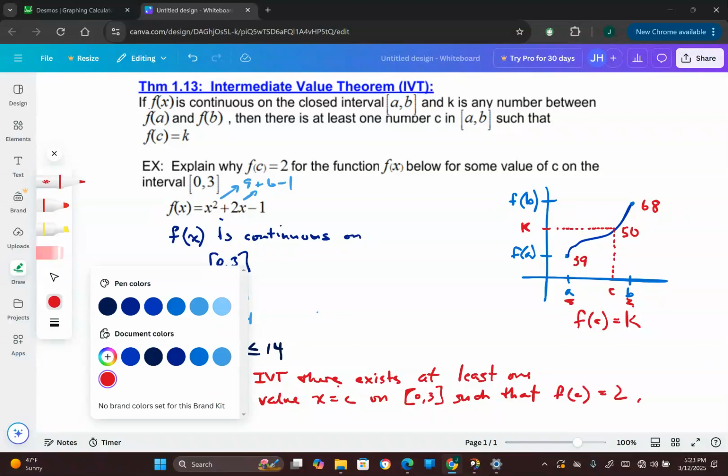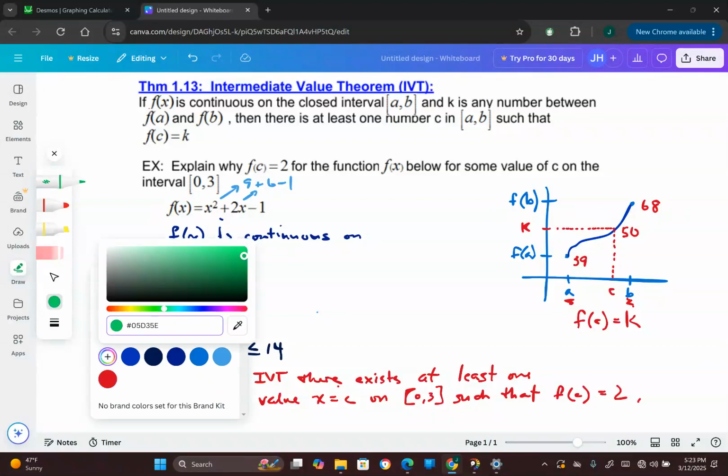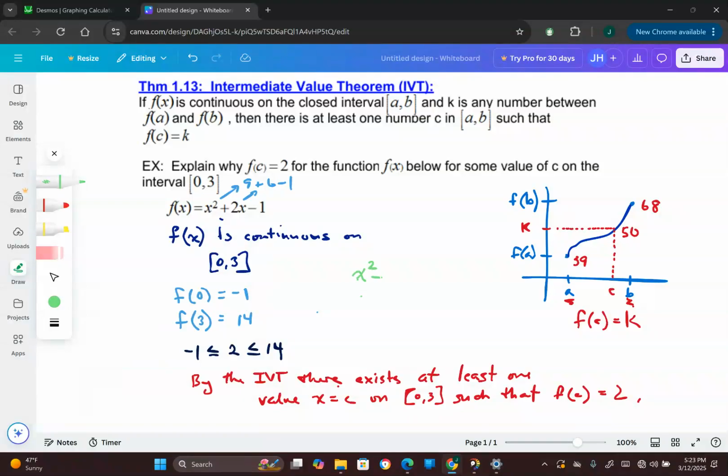If I wanted to take this function and I wanted to find the actual number, what I would do is I would take x squared plus 2x minus 1, and I would set that equal to 2. And of course, I'd get x squared plus 2x minus 3 equals 0. This factors into x plus 3 and x minus 1. I would get x equals negative 3, and I would get x equals 1.